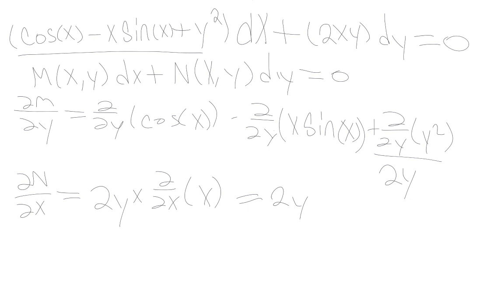So let me go ahead and circle these two right here in green. There you have it. These two are equal to each other. 2y equals 2y. So therefore partial M with respect to y equals partial N with respect to x.